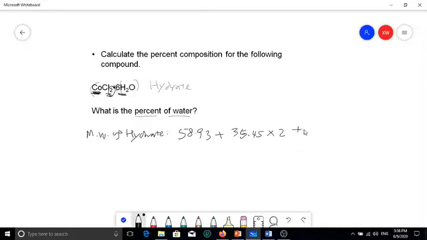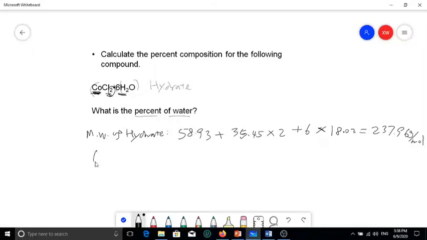And plus 6 waters, and each water is basically oxygen plus 2 hydrogen, so that's going to be 18.02. Okay, this is the water molecule. All right, so the total molecular weight is going to be 237.96 grams per mole. This is the total molecular weight of this compound. Now, how many grams does the water molecule contribute to this?